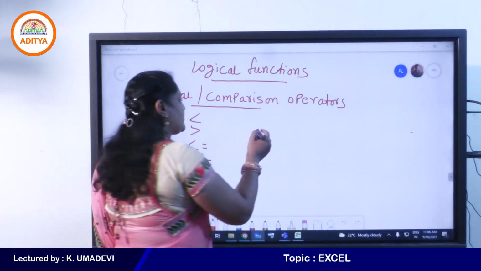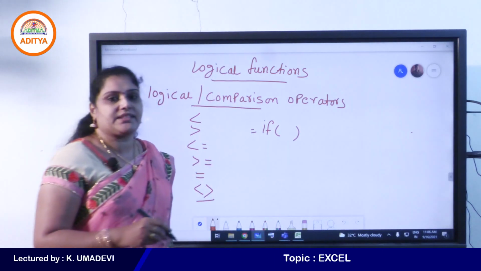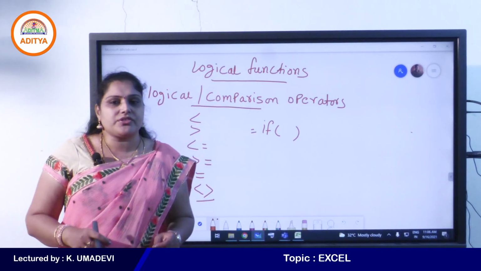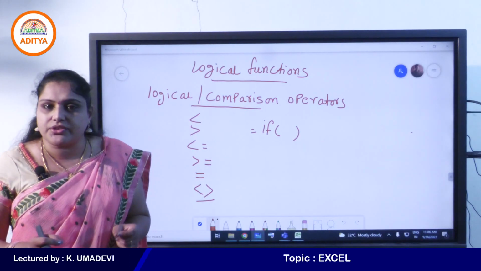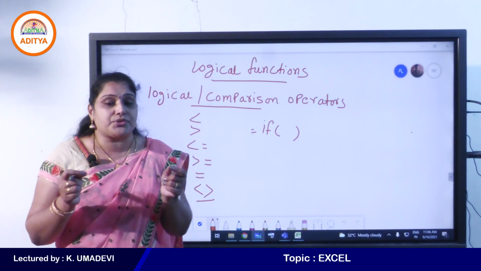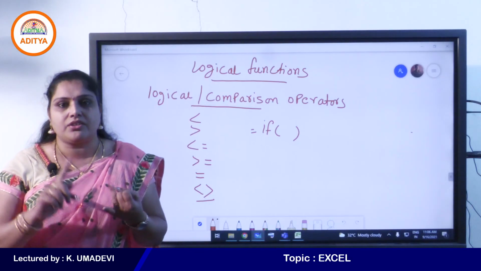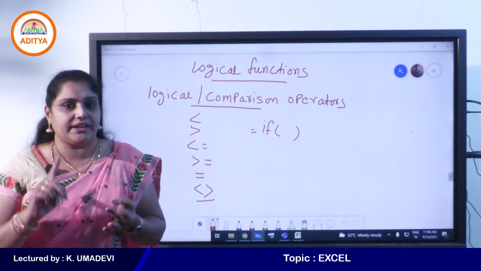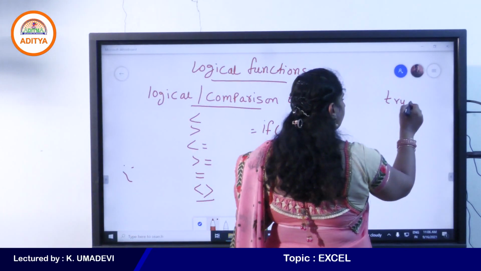The next one is the IF function. IF is used to test a single condition, and it returns a value of your choice instead of just true or false. Why? Because AND, OR and NOT only return Boolean values, that is either true or false.